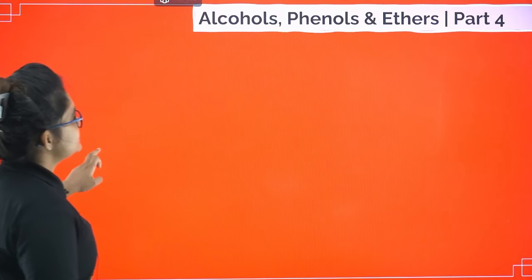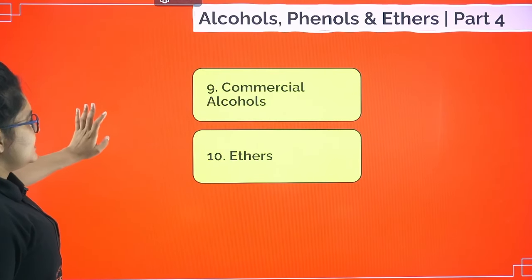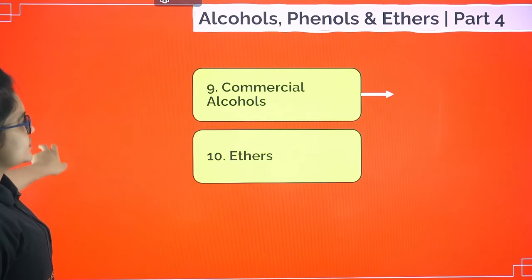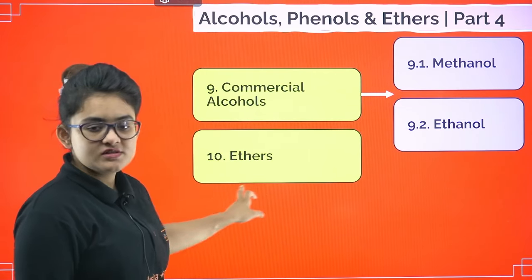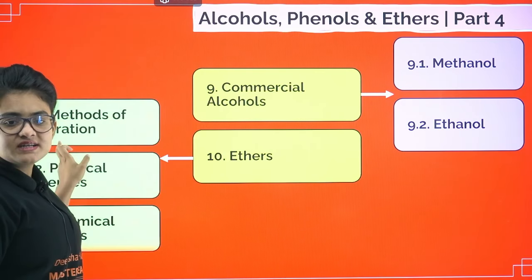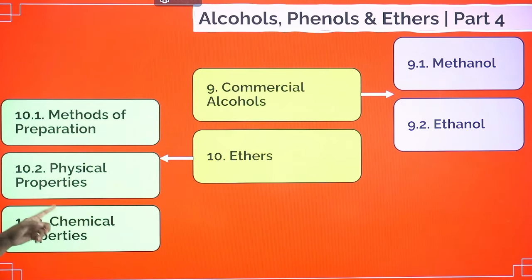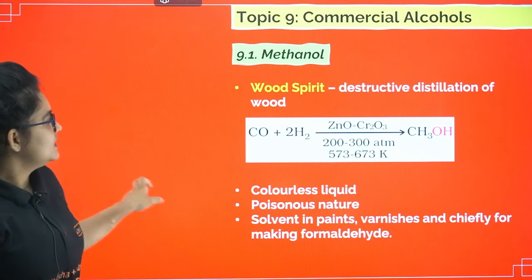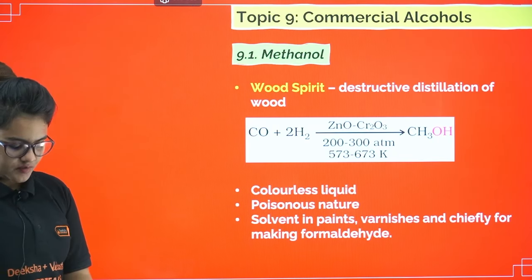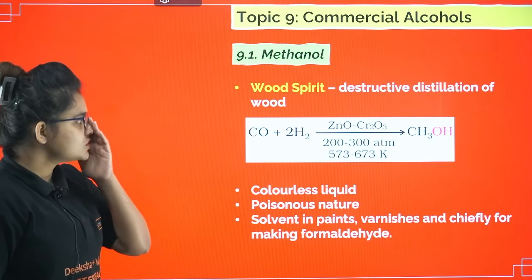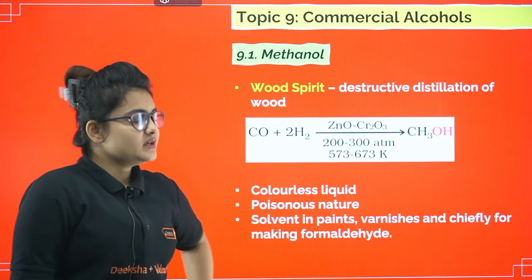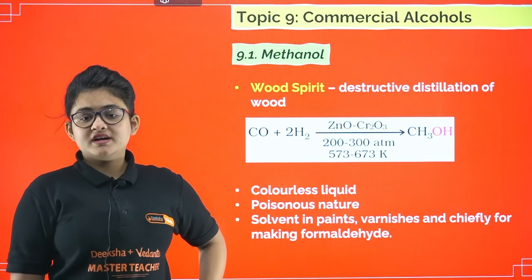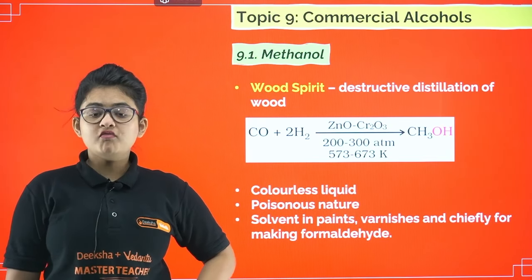Yeah, let's proceed. Commercial alcohols and ethers we will proceed. Commercial alcohols are methanol and ethanol, and for ethers we will proceed with methods of preparation, physical properties and chemical properties. So here you can see methanol preparation. First is wood spirit. We can get it out of destructive distillation of wood.